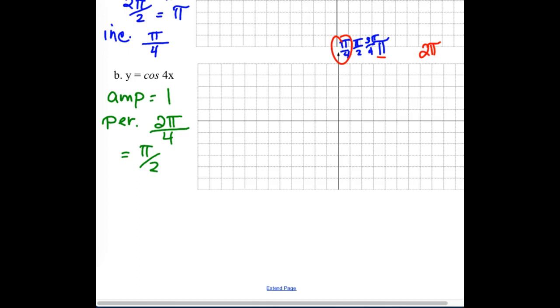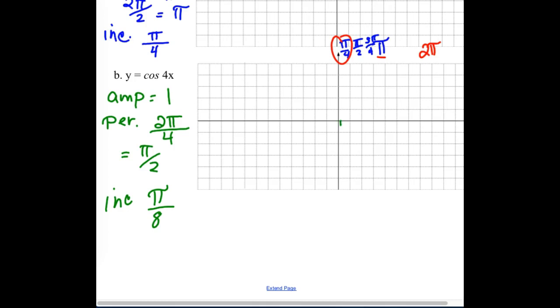Okay? Don't make it so small that you can't figure it out. You can label your tick marks, make them as big as you want, as long as you've labeled them. So if we know that the period is going to be pi over 2, how big will our increments be? Pi over 2 divided by 4, right? Pi over 8 now, right? 1/4 of pi over 2 is pi over 8.